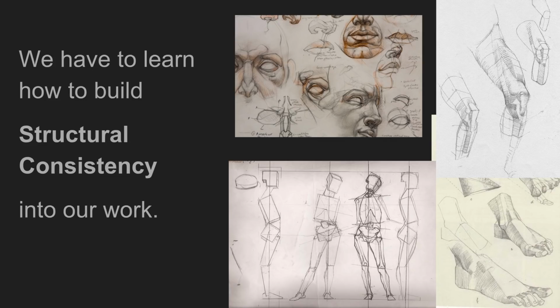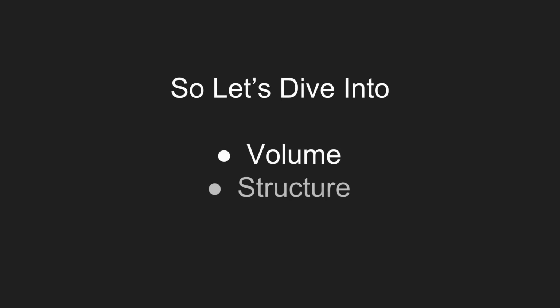And as artists, we have to learn the tools that are going to give us structural consistency so that we can look at somebody who is 20 pounds overweight, or somebody who's 20 pounds underweight, and we still know where that form is. We still are able to find things. And the key thing that I want to do now, before we get into the actual form demonstration, is be really clear on what I consider the core principles of artistic anatomy: volume, structure, and form, right?